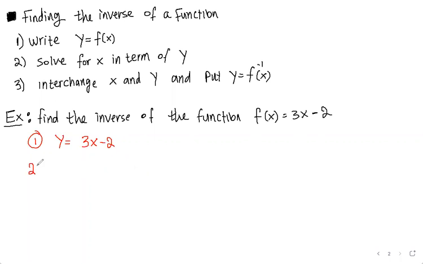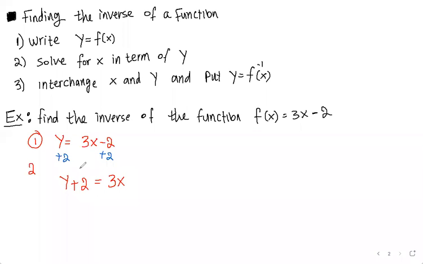So how can I solve for x in terms of y? By adding 2 to both sides, then I divide by 3. So actually I add 2, I get y plus 2 equal 3x.